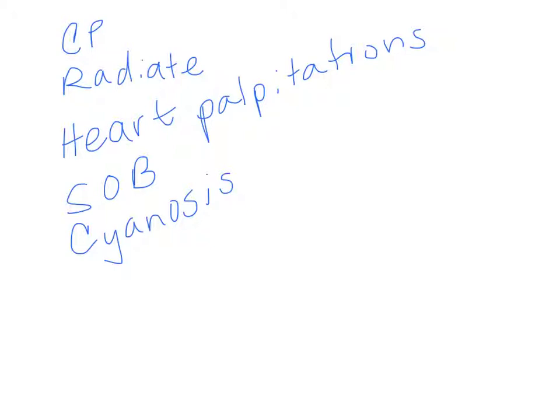When we start to think about past medical history, we'll want to know, is there any history of heart problems or heart disease? Did they have a history of heart murmurs? Congenital heart disease, rheumatic fever falls into this category.